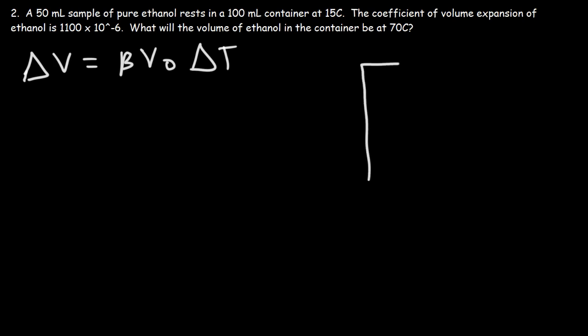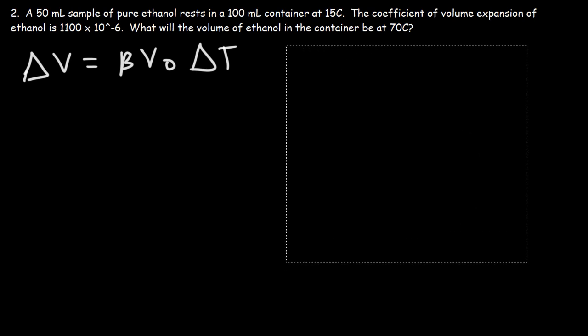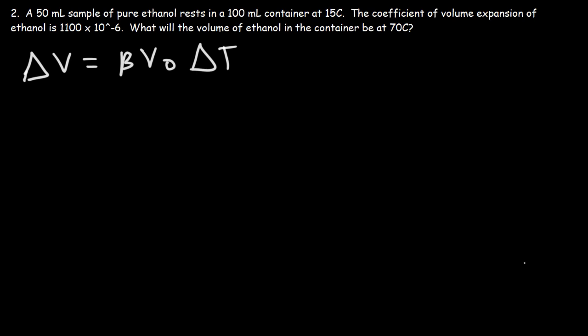So let's draw a picture. So let's say this is the ethanol in a container. As we raise the temperature, the volume will increase. The liquid will expand. So we need to calculate the new volume. So first, let's calculate the change in volume. So beta is 1100 times 10 to the minus 6.